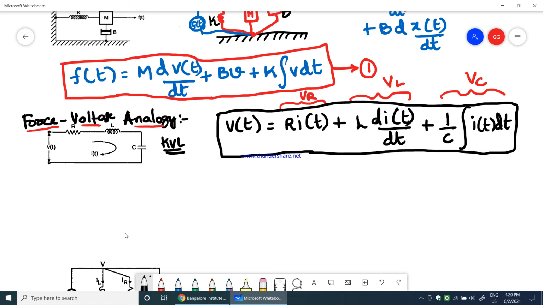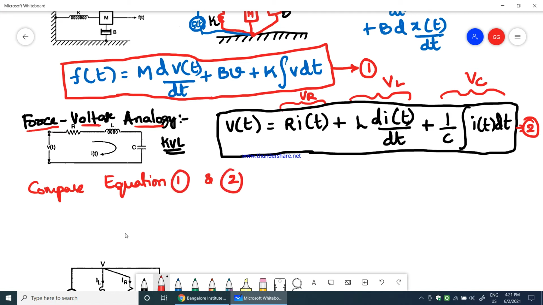Now what we will do further, I'll explain now. Here you see, comparing equation 1 and 2. Let me take this as 2. So comparing equation 1 and 2, what do we get?